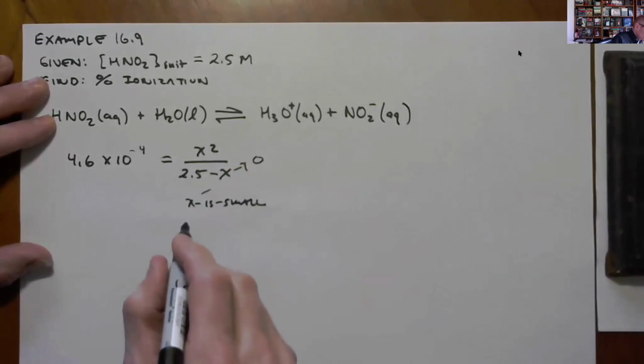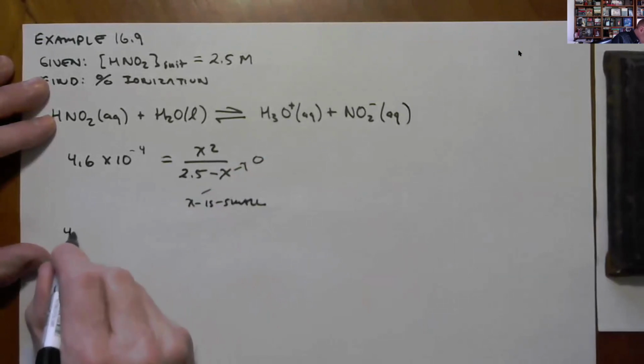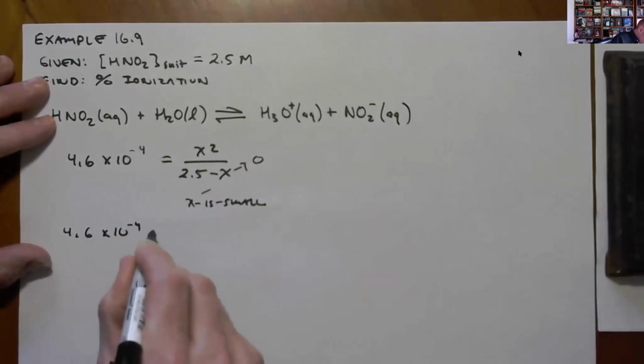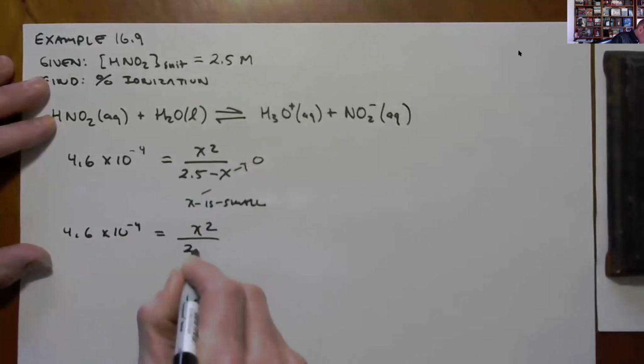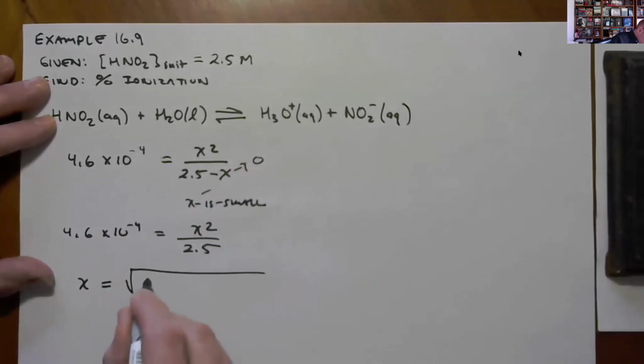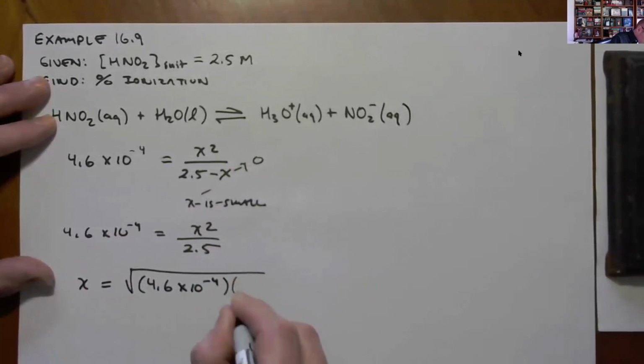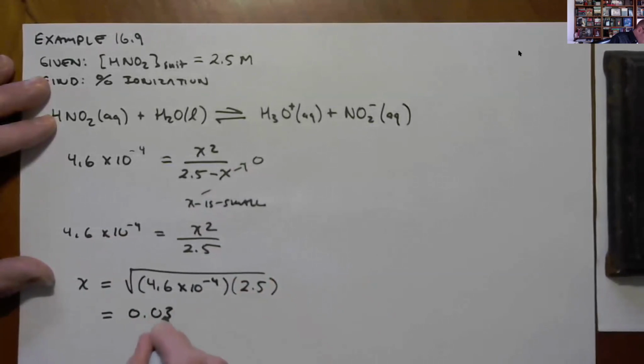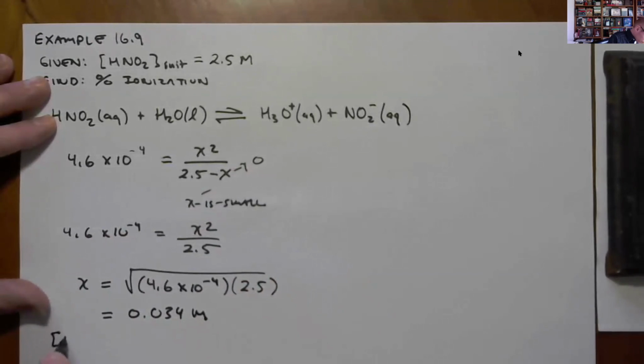And thus we're going to wind up with 4.6 times 10 to the minus 4 equals x squared over 2.5. So x equals the square root of 4.6 times 10 to the minus 4, our equilibrium constant, times the initial concentration. We'll solve for that, and it comes out to 0.034 molar. So that's the hydronium concentration.